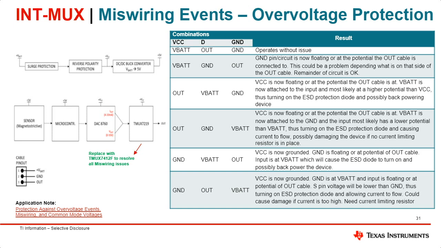In that case, it solved their issue and there was no back powering. We do have some application notes in the bottom left that explain how overvoltage protection works, how to protect against such events, and some common events that can happen, such as miswiring, like this one.